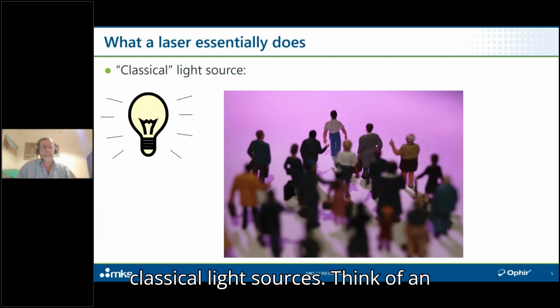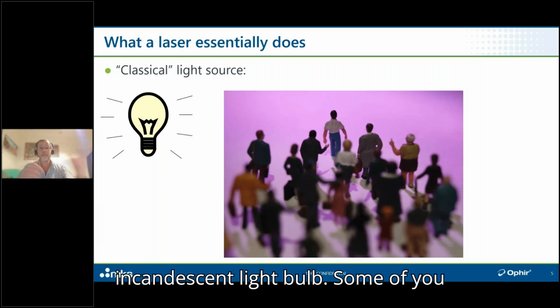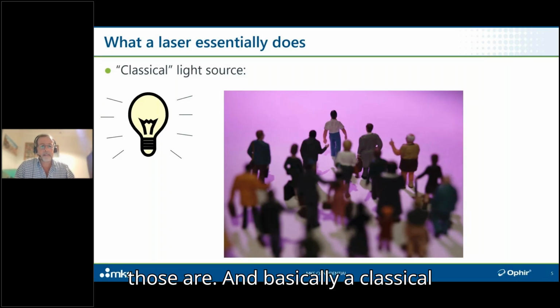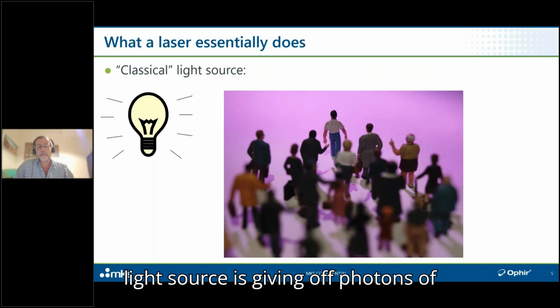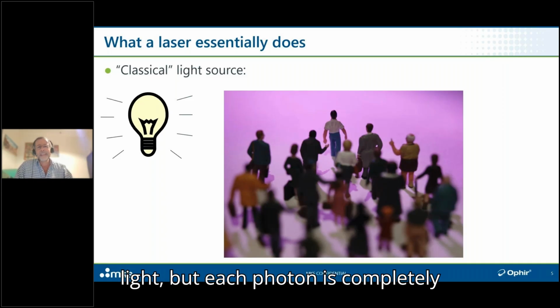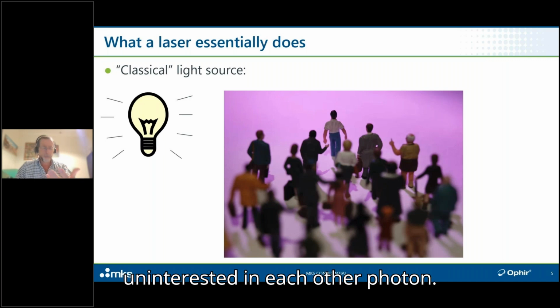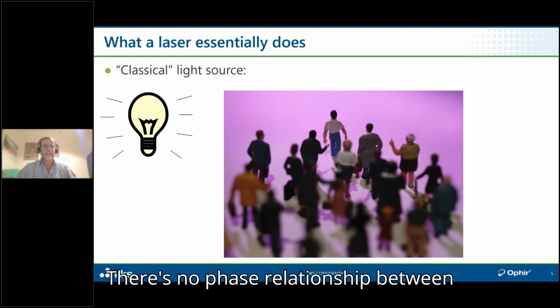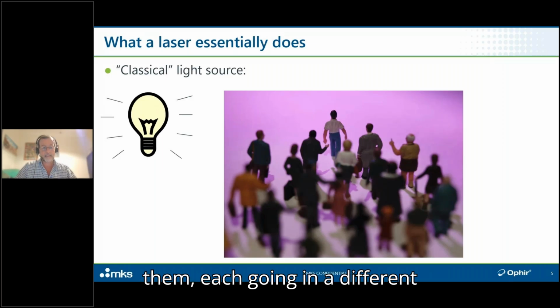Different wavelengths, different phases. There's no phase relationship between them, each going in a different direction. Think of a crowded room full of people, each of whom is moving around at different speeds, different directions, minding their own business, not even looking at each other or talking to each other. They probably have their faces in their mobile phones. So that's a good way to think of a classical light source.